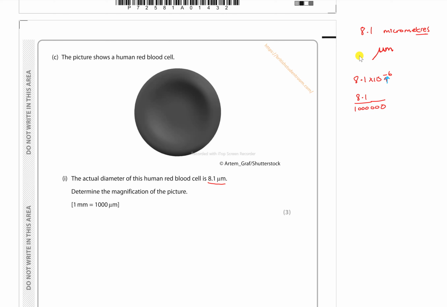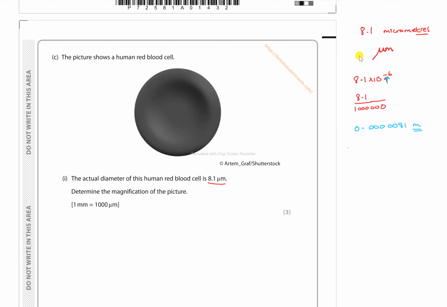Or you can write nought point, and then count the zeros. There you go. That's how many meters there. Right, we've got that.